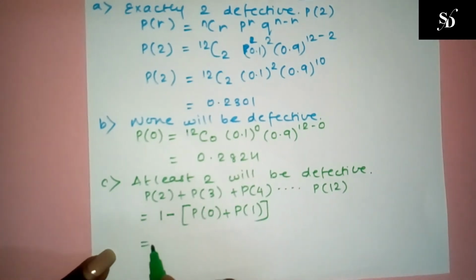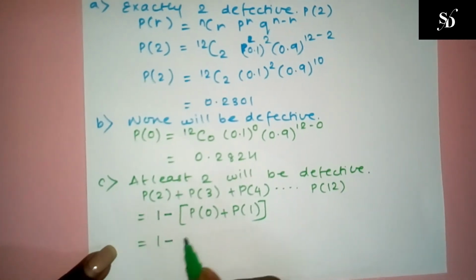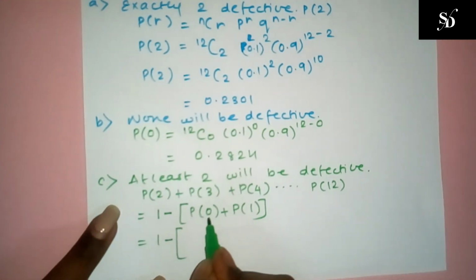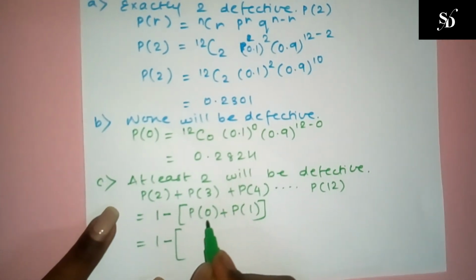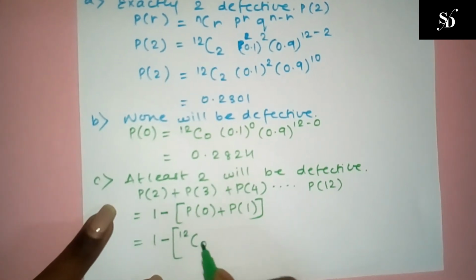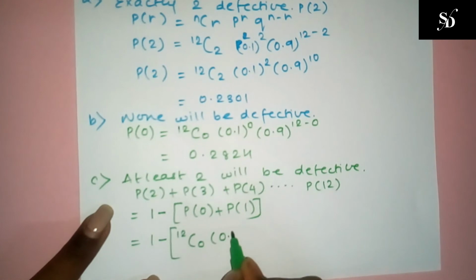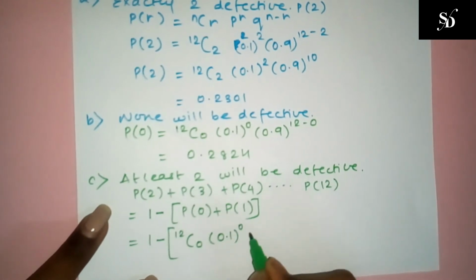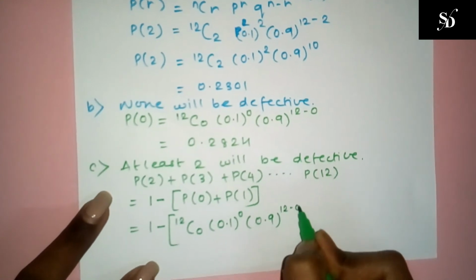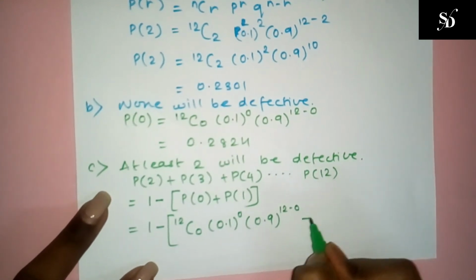Okay. So that is 1 minus, we can write over here, R is 0. So keeping R as 0, we can write the formula, that is 12C0, 0.1, that is P, raised to 0, 0.9 raised to 12 minus 0, we have plus.